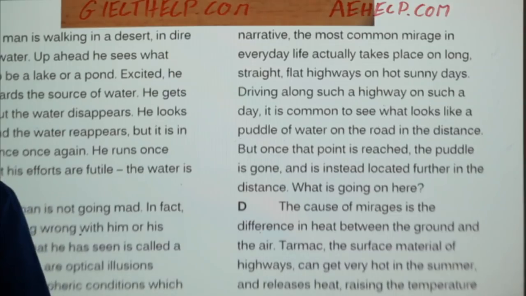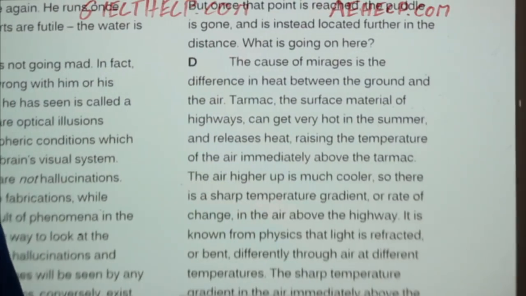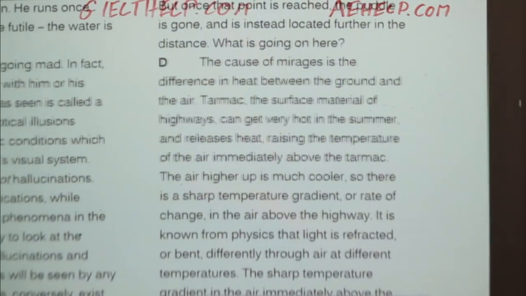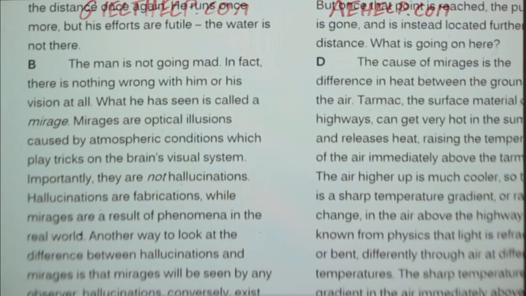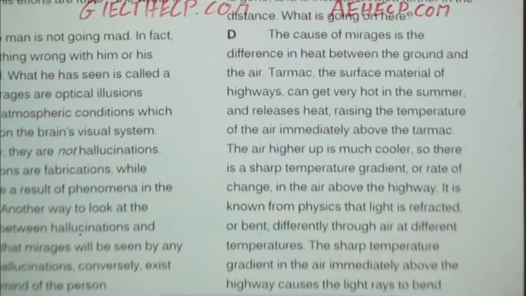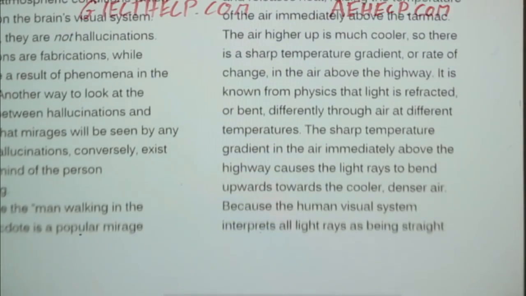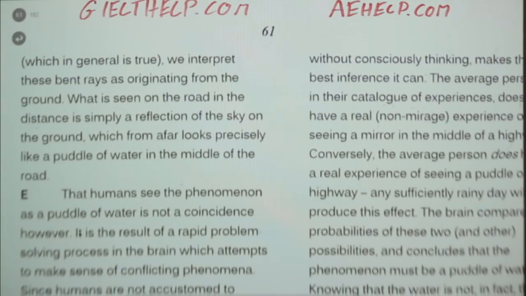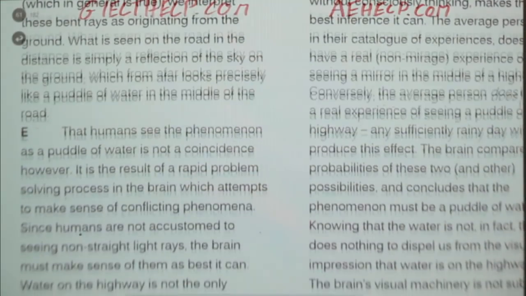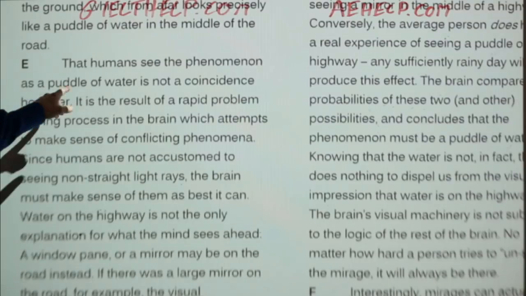I don't think so. Looks like it was paragraph D to me. Was it? Nope, it was E. So E was the paragraph.